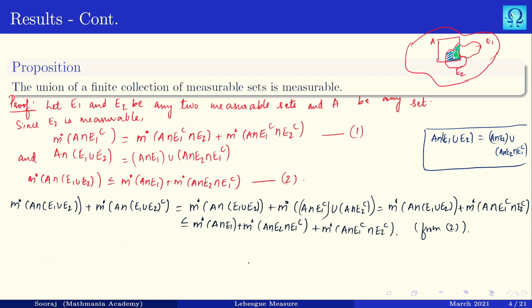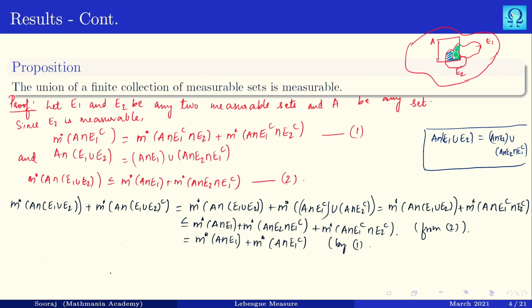Right? So now what shall we write about these things? That is A intersection E2 intersection E1, A intersection both the complements. From equation 1 we shall write this as m star of A intersection E1 as it is plus m star of A intersection E1 complement. This is by equation 1.